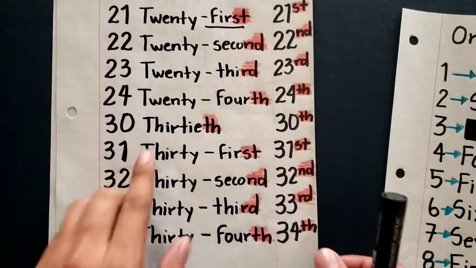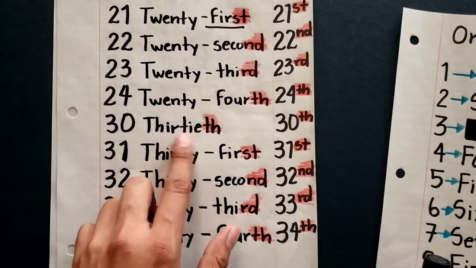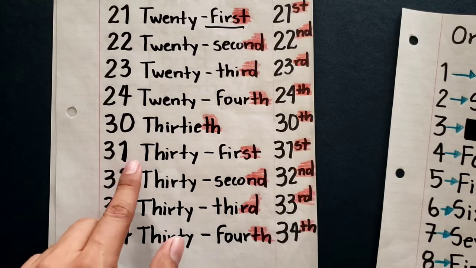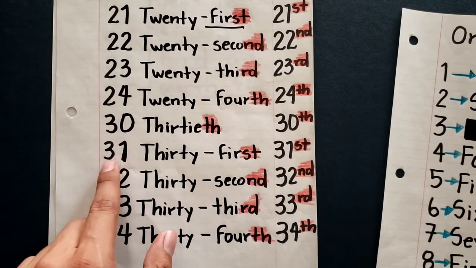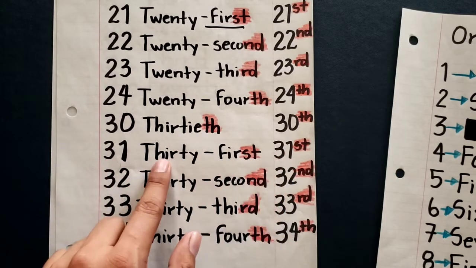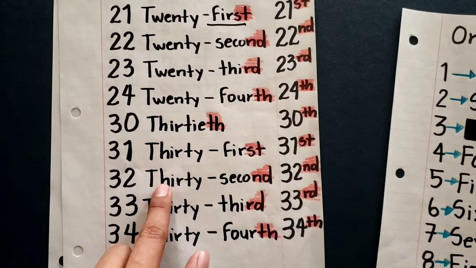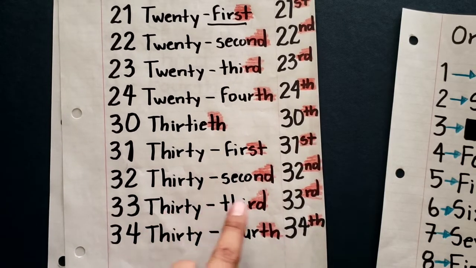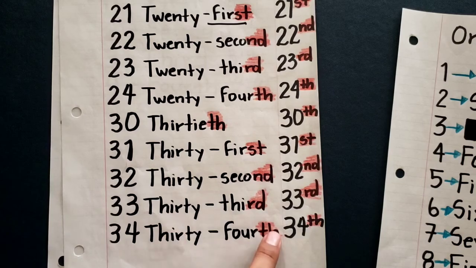And the same goes with 30th. But when we write 31 in cardinal, in ordinal we say 31st, 32nd, 33rd, 34th.